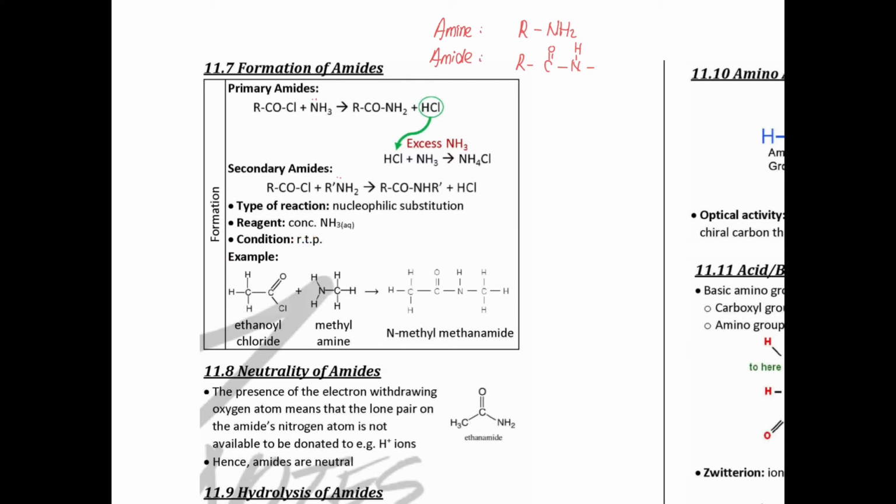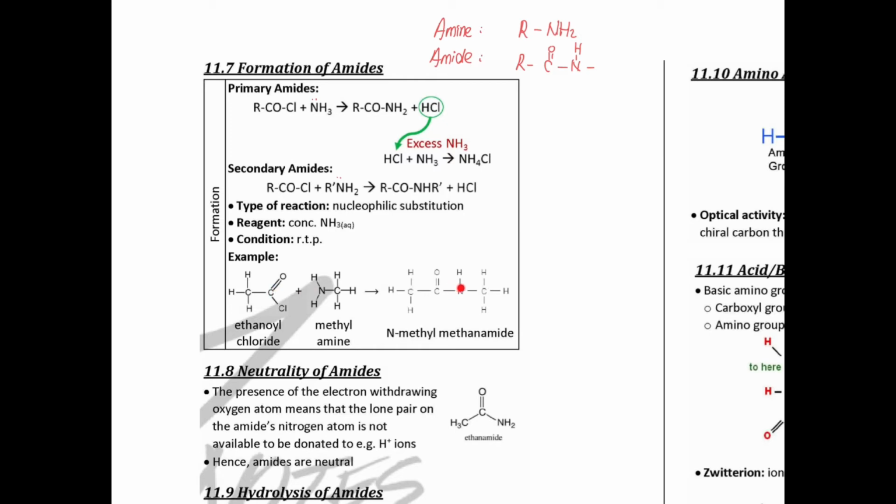So, for example, ethanoyl chloride, that is the acyl chloride, with 2 carbons, reacts with methylamine. Methylamine is the primary amine. Imagine that one of the H will combine with the Cl to form HCl, and then the nitrogen with its lone pair will form a new covalent bond with this carbon.